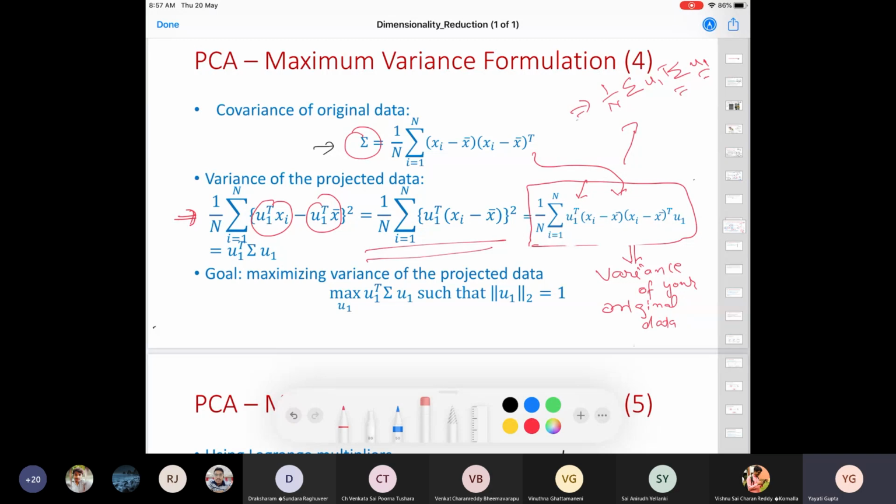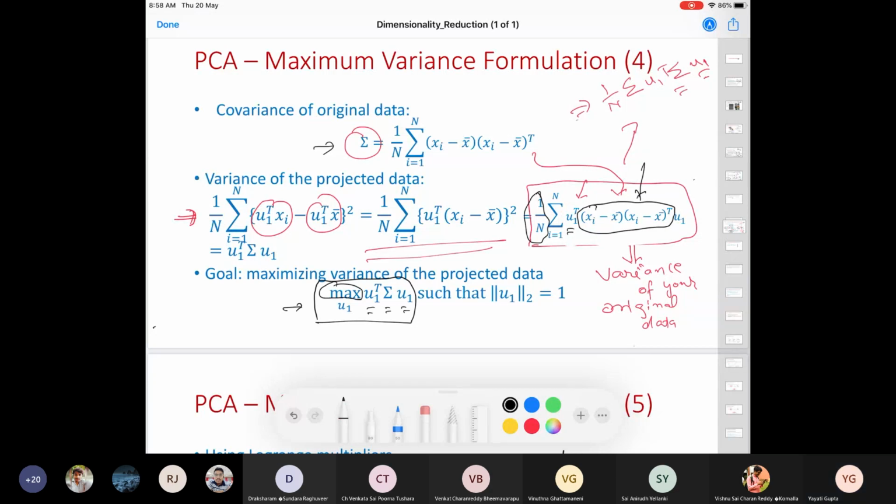If you look at this middle term, this is nothing but the variance of your data that we are trying to compute, combined with this 1 by n. Since u1 is a constant, this can be rewritten as u1 transpose sigma into u1. So our goal is to figure out that u1 which maximizes the variance. So this is our optimization: u1 transpose sigma u1. That is what we are interested in maximizing.